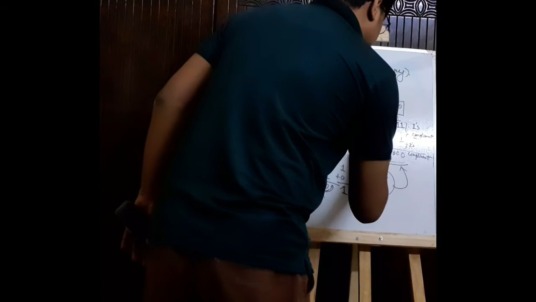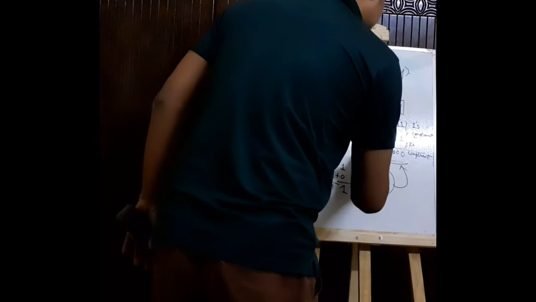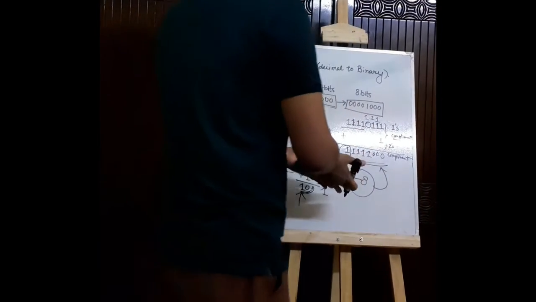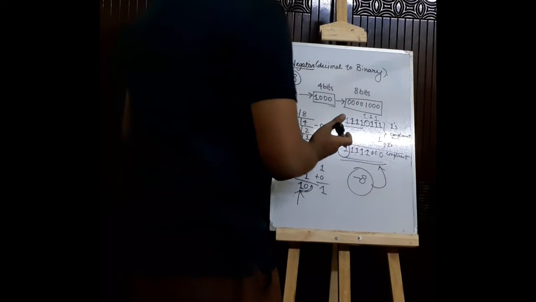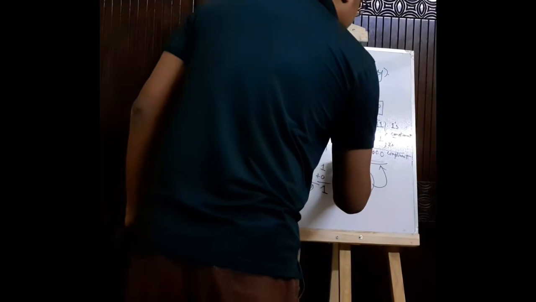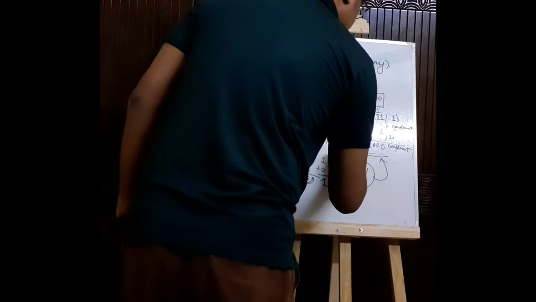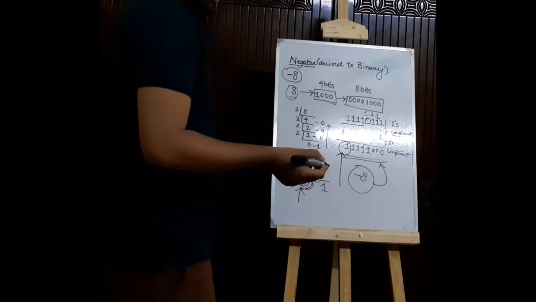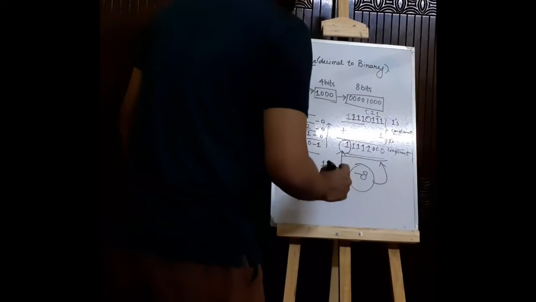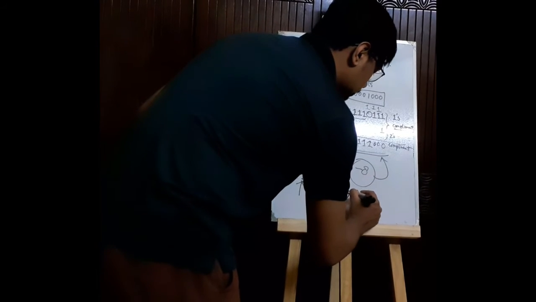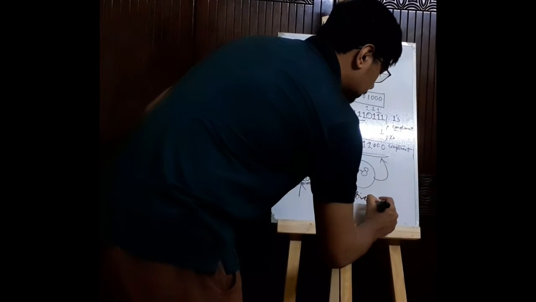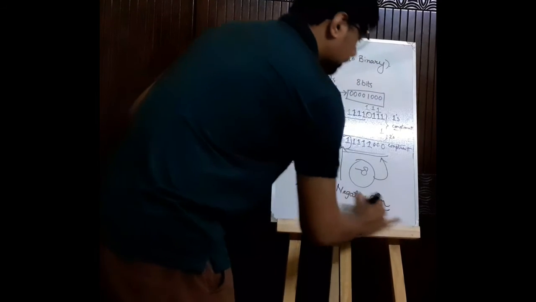So as you can see, we have a 1 at the very initial position, or we can say the leftmost position. We have a 1 here. That actually means it's a negative number. So this 1 indicates a negative sign, and we can say it's a negative number.